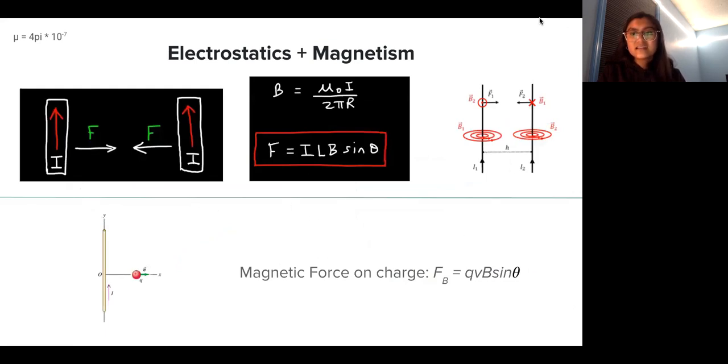All right, and then these magnetic fields can generate forces on other current carrying wires or point charges as well. So the force of one magnetic field from a current carrying wire on another can be measured by this formula here, I L B sine theta, where B is your magnetic field from earlier.